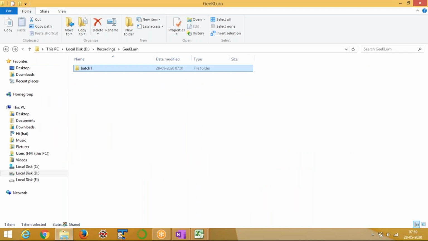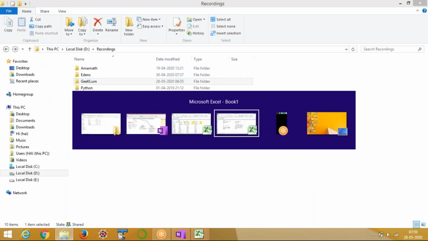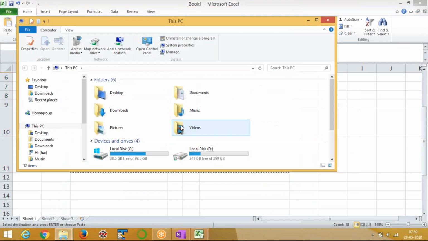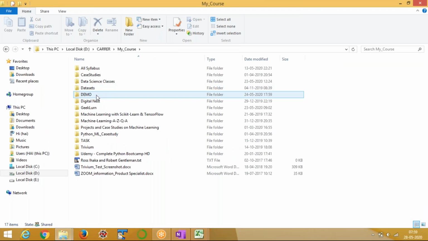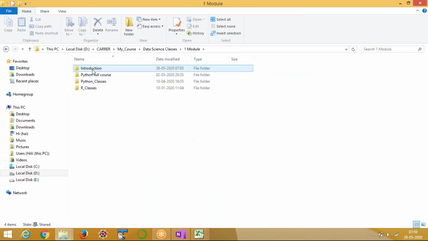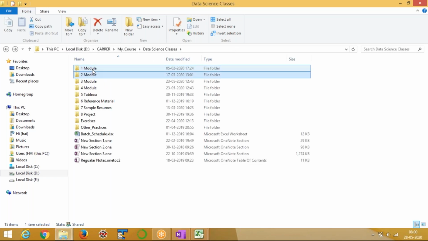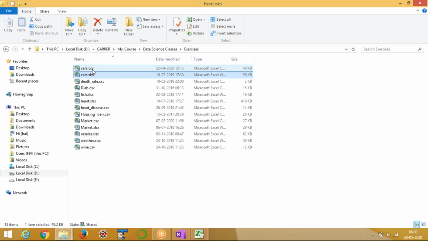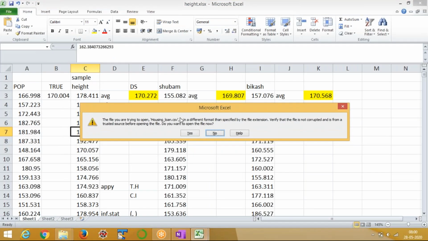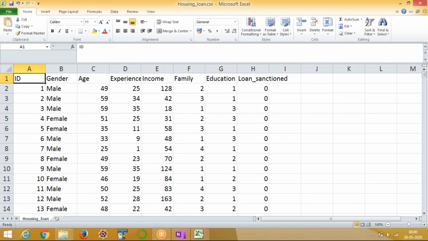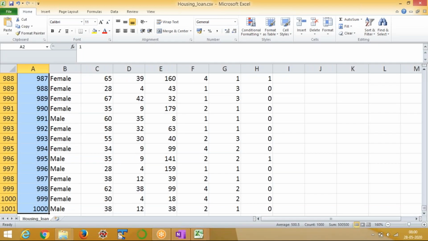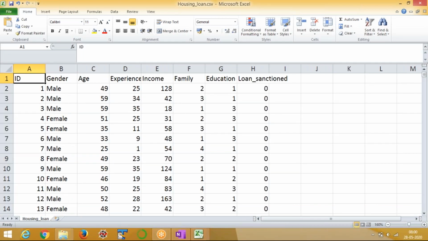Let me open an example. Yes, there is a data set here. First one, ID.